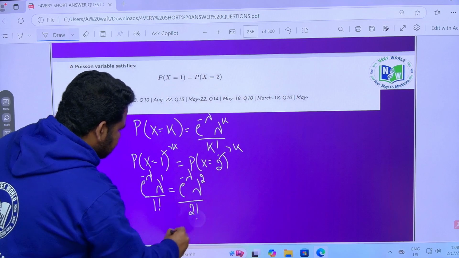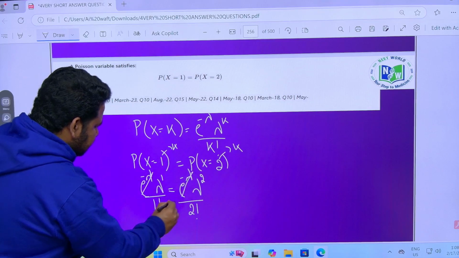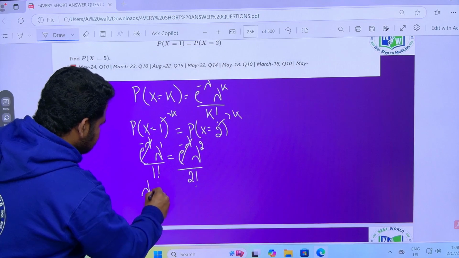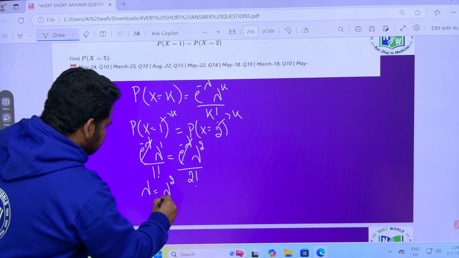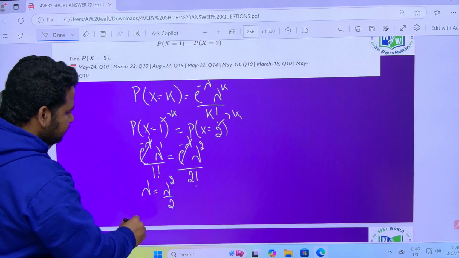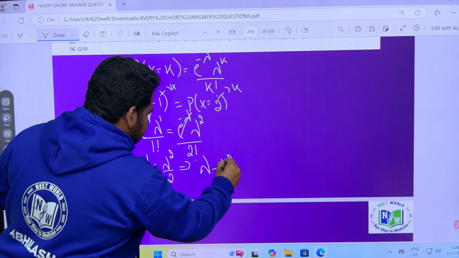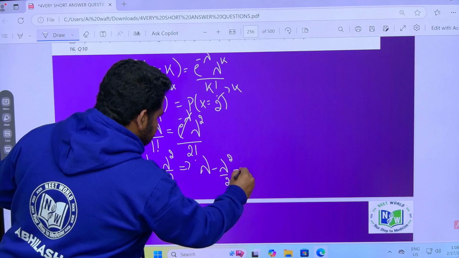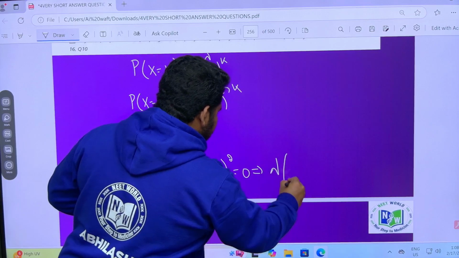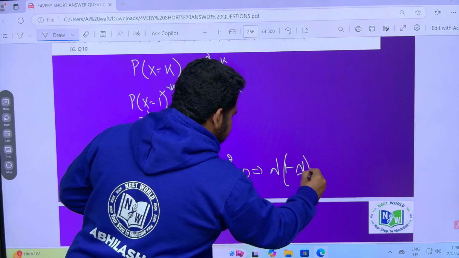factorial. So what will happen, friends, e power minus lambda I can cancel here. So this will become lambda is equal to lambda square by 2. If I take it to the LHS, this becomes lambda minus lambda square by 2 is equal to 0. So lambda I can take common: lambda into (1 minus lambda by 2) is equal to 0.